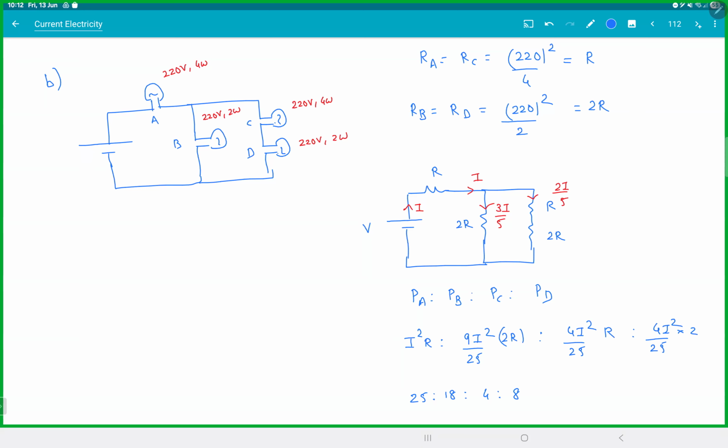Now, if the bulb C gets disconnected, what happens to the brightness of the bulbs? Let's get that. I'll give you a minute for that. Try everyone.